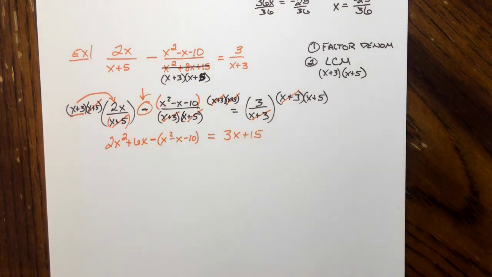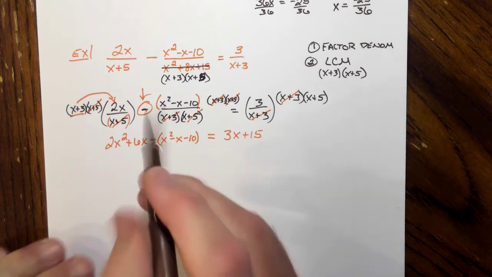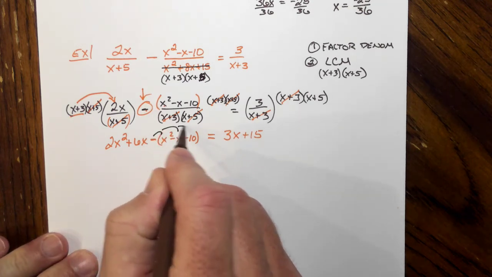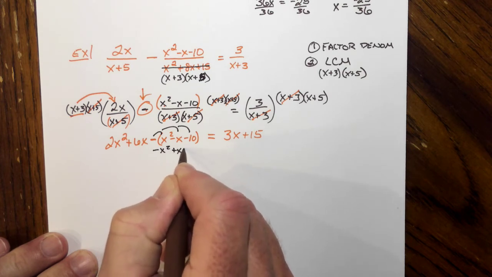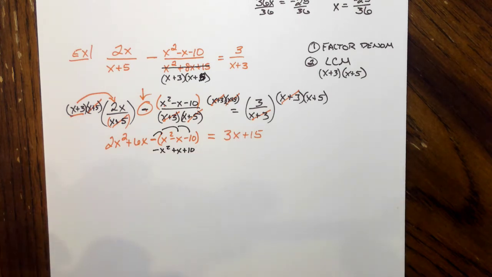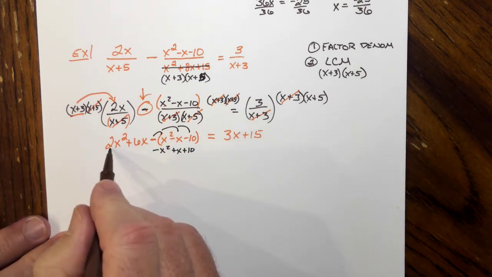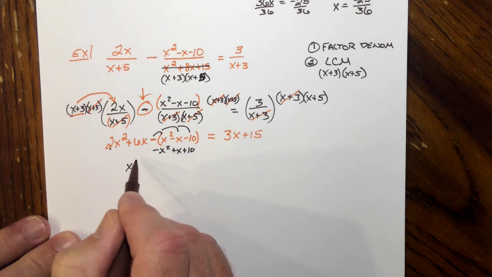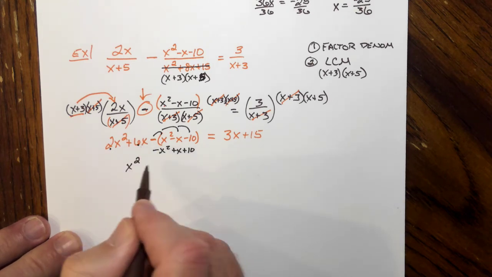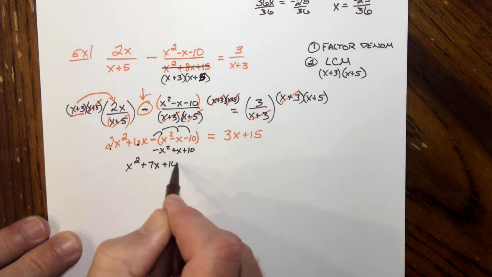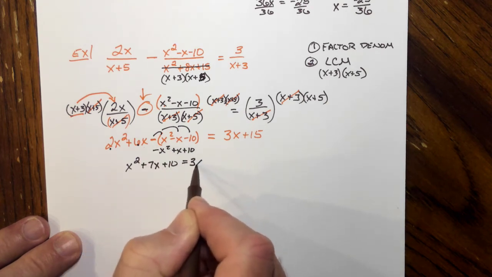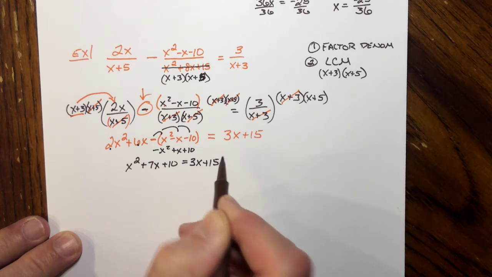Okay, we are now combining like terms, so distribute your negative here, here, and here. Negative x squared plus x plus 10. So as we combine our like terms, x squared, 6x and x plus 7x, and then plus 10, equals 3x plus 15.